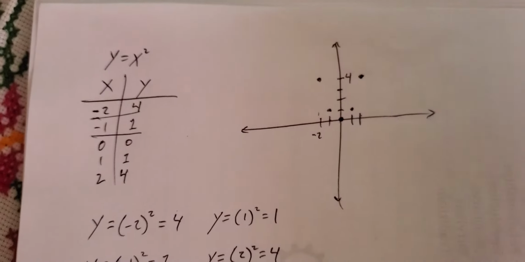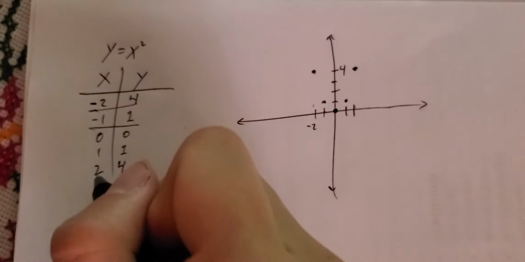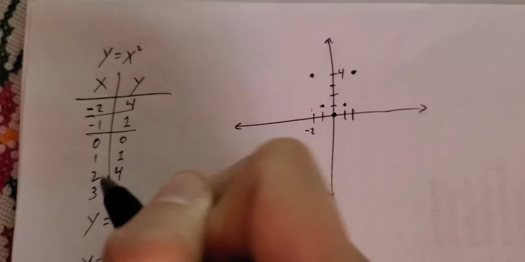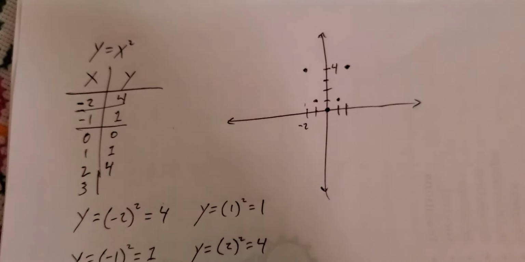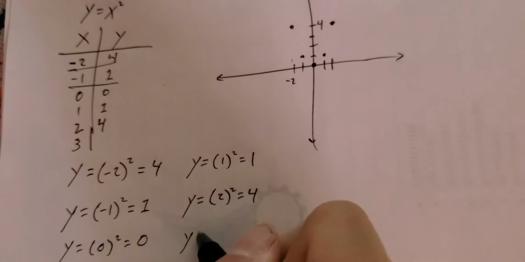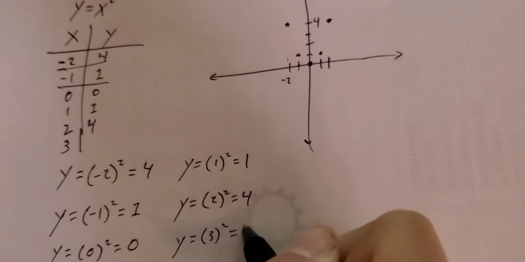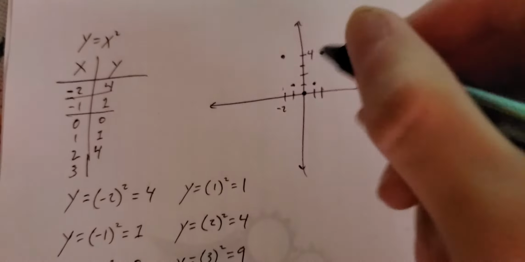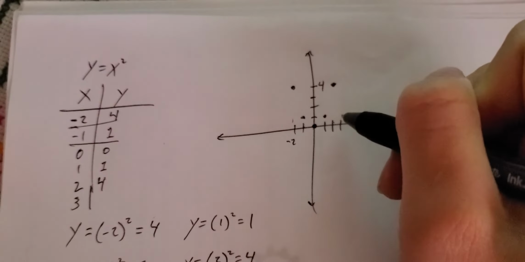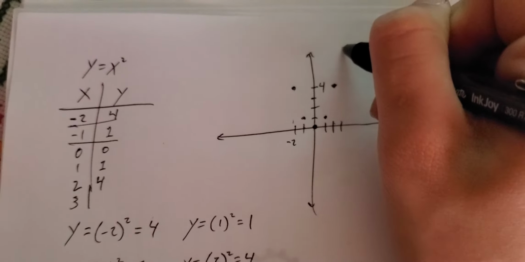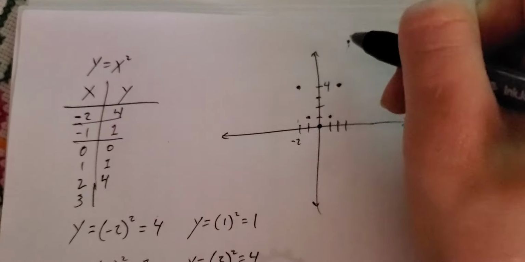There. Now, if I wanted to, I could go further. Let's add another point. Let's say that x equals 3. So if x equals 3, I get y equals 3 squared. And 3 squared is 9. So at +3, pretty much my graph is going to go all the way up to 9. And guess what?